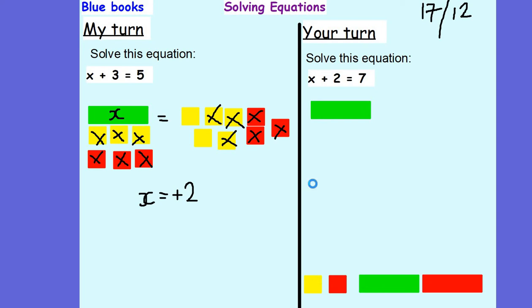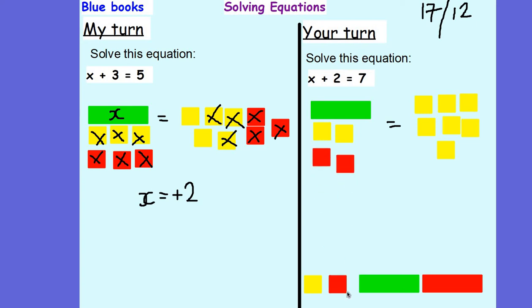This time I've got a green rectangle X plus 2 yellow squares is equal to 7 yellow squares. And those two are equal. I now need to add something to both sides of my equation that will leave me with just the green rectangle.